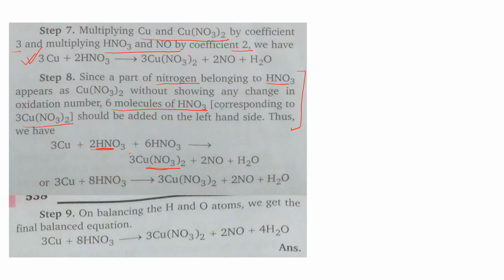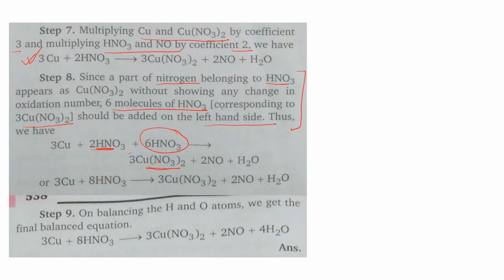So these 6 nitrogen have to be added on the left hand side as 6 HNO3. This is a very typical example: 3 Cu(NO3)2 corresponds to this, so it should be added on the left hand side.